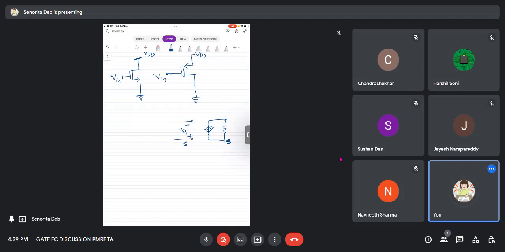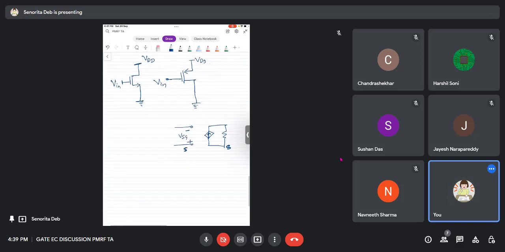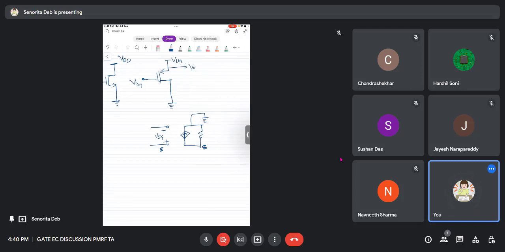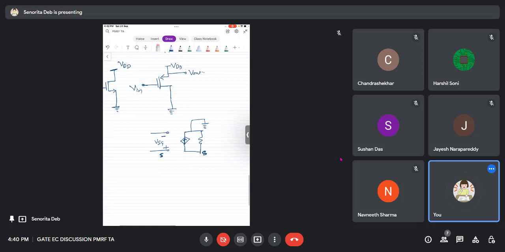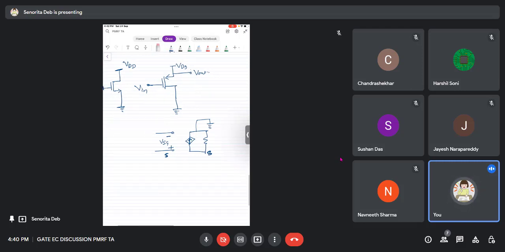VSG will be positive, so I am writing plus minus VSG here. Then I will short the drain to ground, and I am taking the output from the source itself. Okay, so for PMOS it is like this.